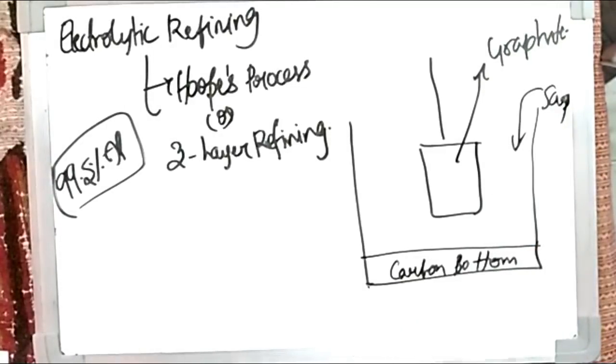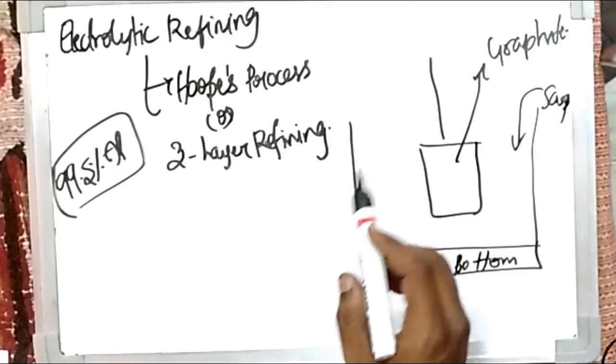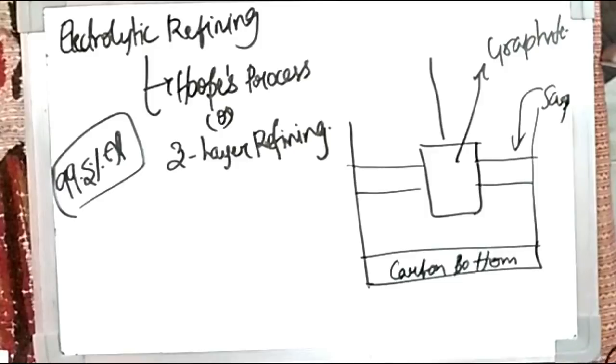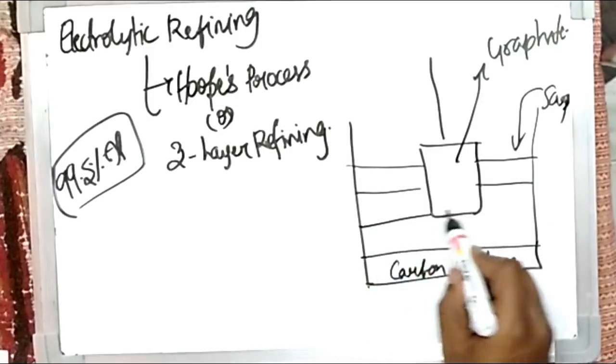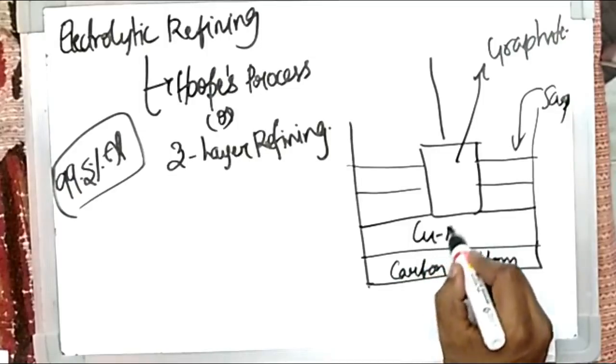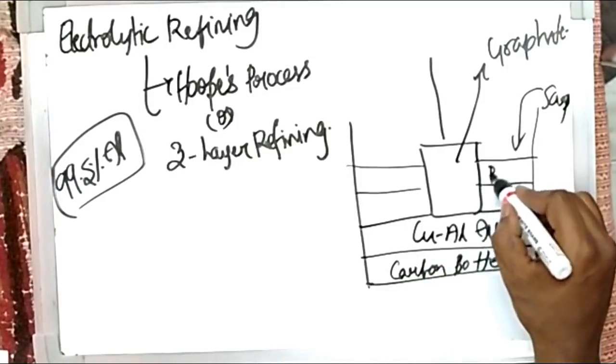Three different layers will be formed on supplying the electricity. Pure aluminum will be at the top, the electrolyte will be in the middle, and the copper aluminum alloy will be at the bottom.